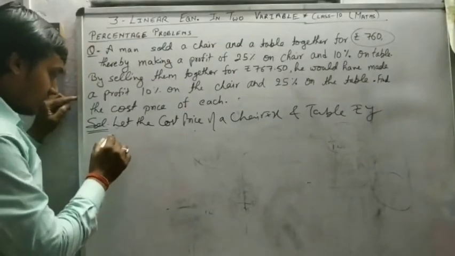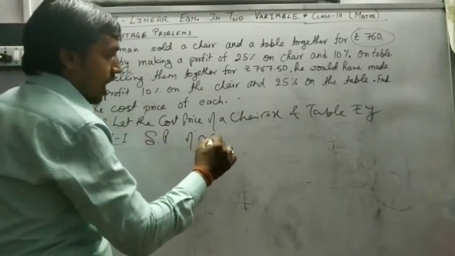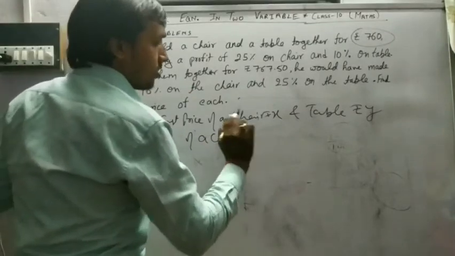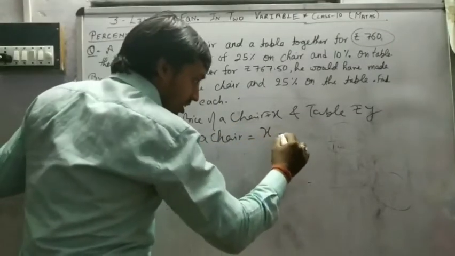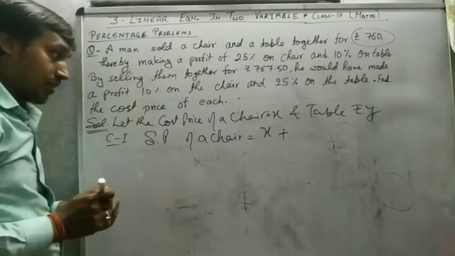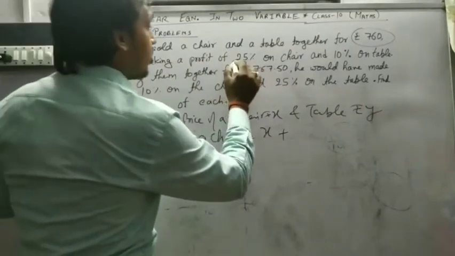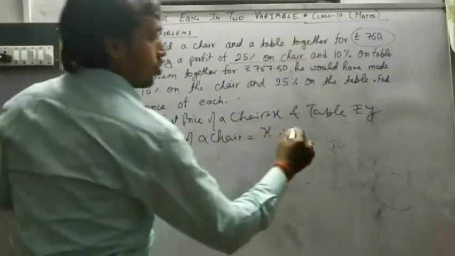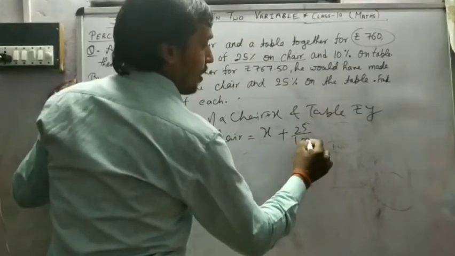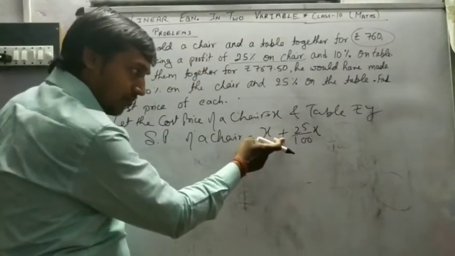First, the selling price of a chair means x, the initial value as per the previous topic, plus the profit. What's the profit? On chair 25%. So 25% of x.